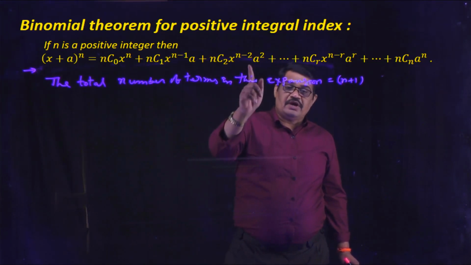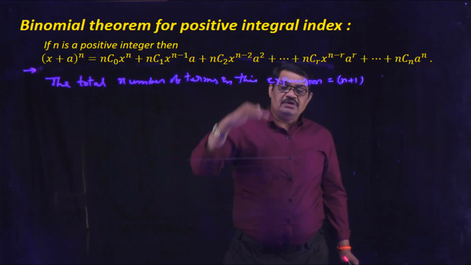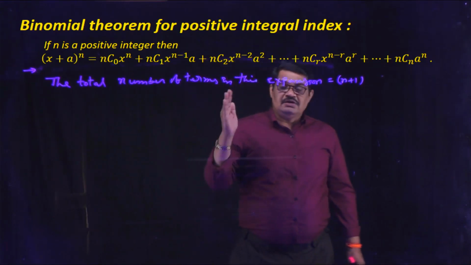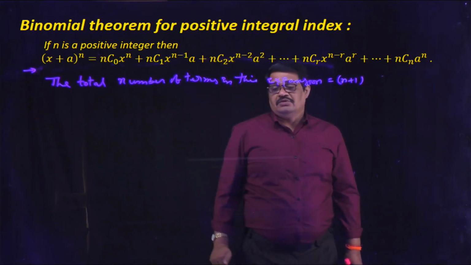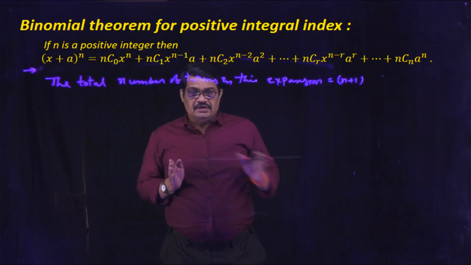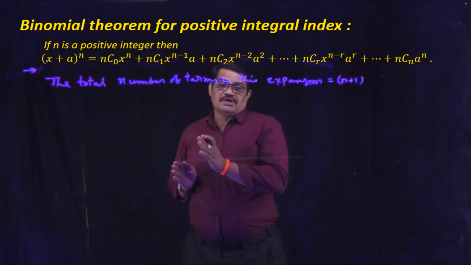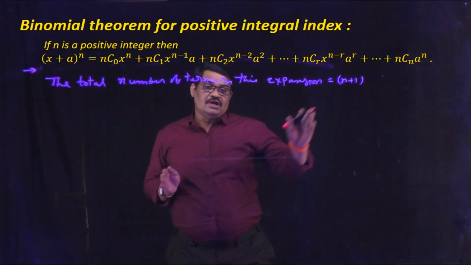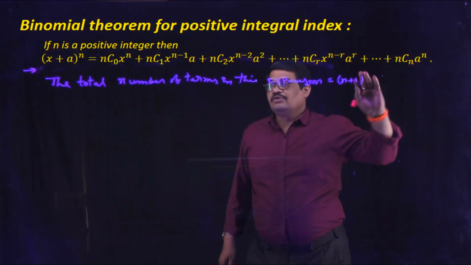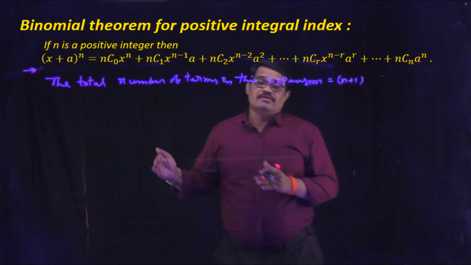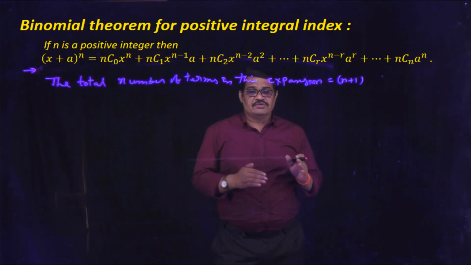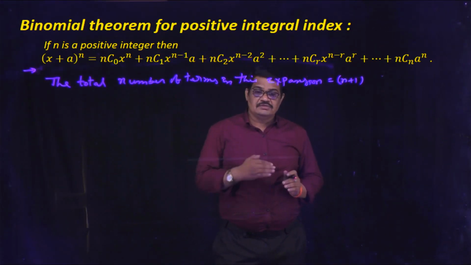The third term, x^(n-2) a^2. The first term's powers are decreasing and the second term's powers are increasing. This is the main observation. The first term's powers decrease from n to 0, and the second term's powers increase from 0 to n. So the last term is x^0 a^n, that is a to the power n.